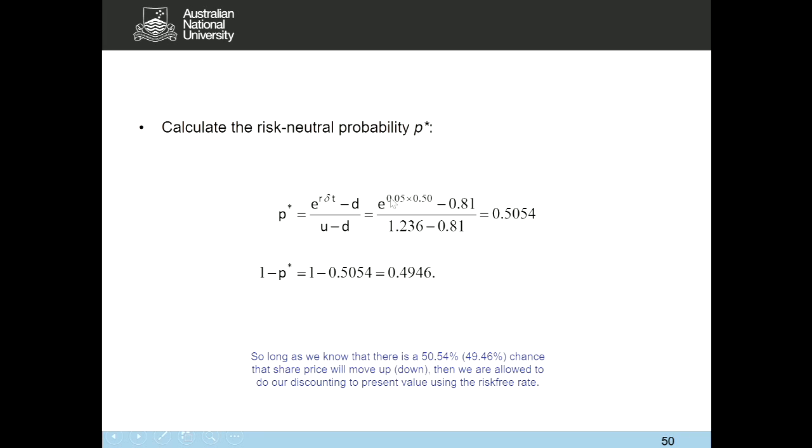So each step takes 6 months, 6 divided by 12, so that's 0.5. And the proportional decrease is 0.81, and the denominator is the difference between u and d. So we work out the risk-neutral probability of the share price going up is 50.54%. So 1 minus that gives us the probability the share price will go down, 49.46%.